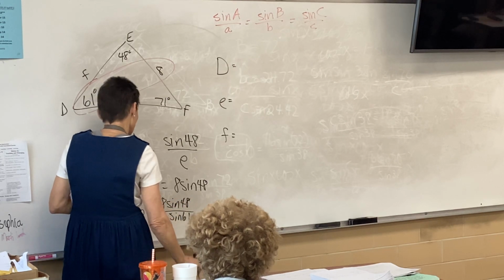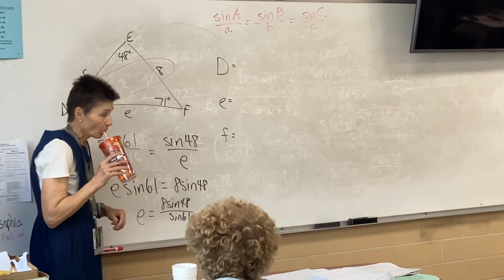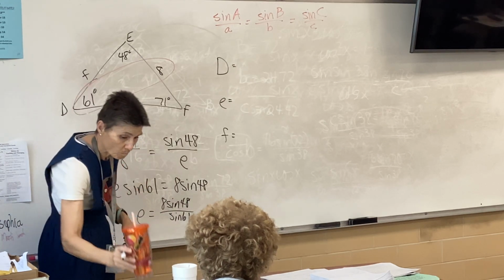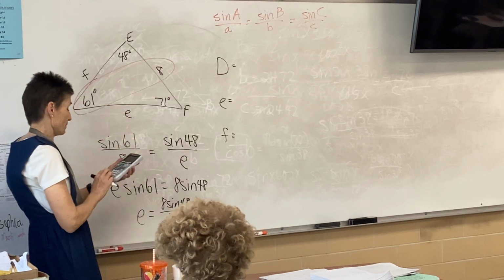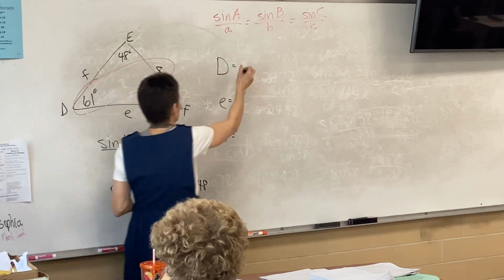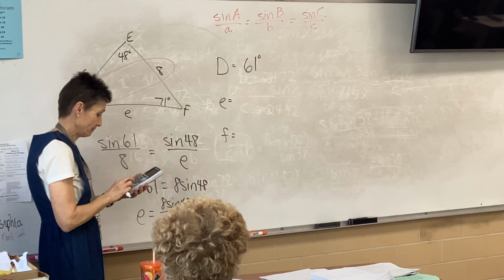And when you're cross multiplying and dividing, put down as many steps as you need. The more of these you do, the more efficient you'll become.